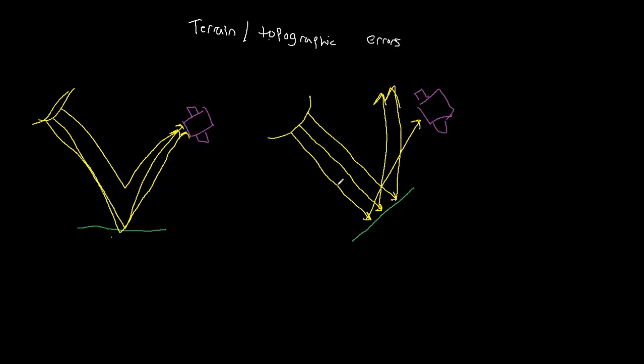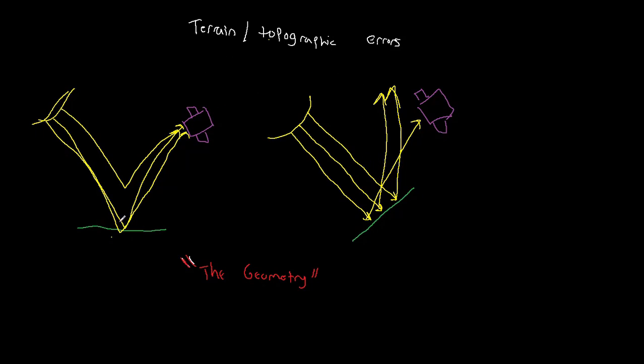It's just now the angle. The angular relationship, we call that the geometry. So let's use red. We call this the geometry. The geometry is now different between this and this.